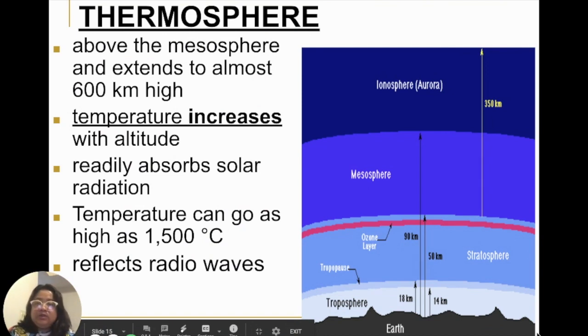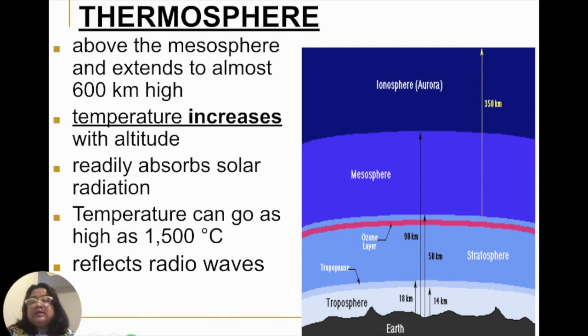Next is the thermosphere. The thermosphere is above the mesosphere and extends to almost 600 kilometers high. The temperature increases with altitude. So if the temperature increases, is it hot or cold? Yes, it is hot. It readily absorbs solar radiation.